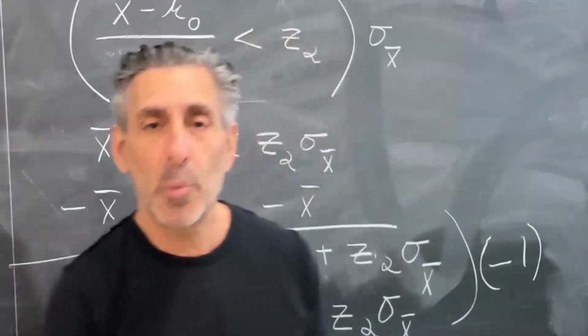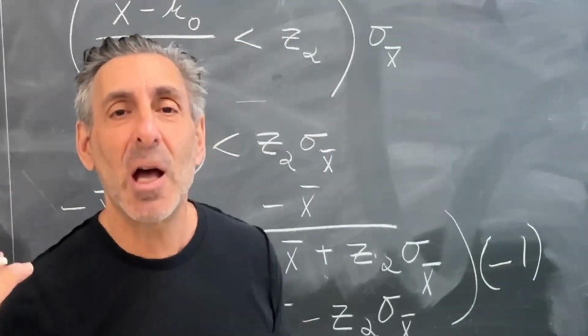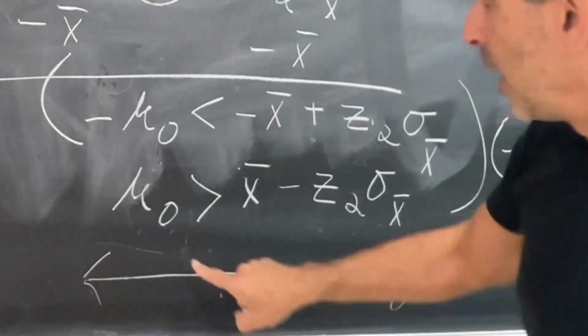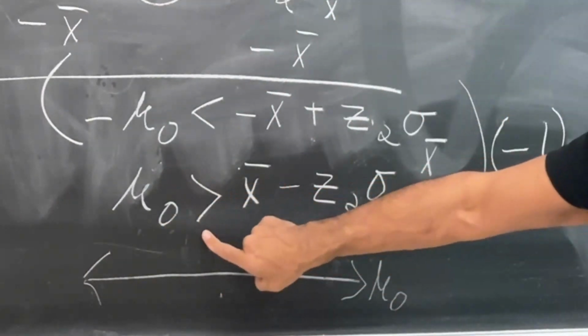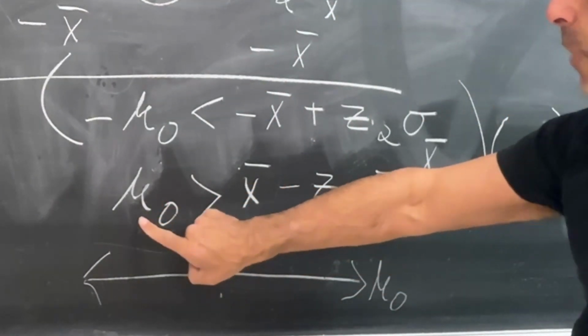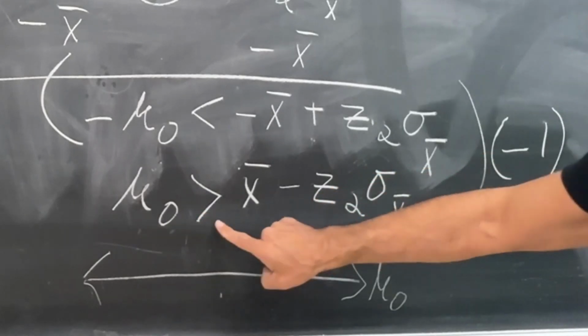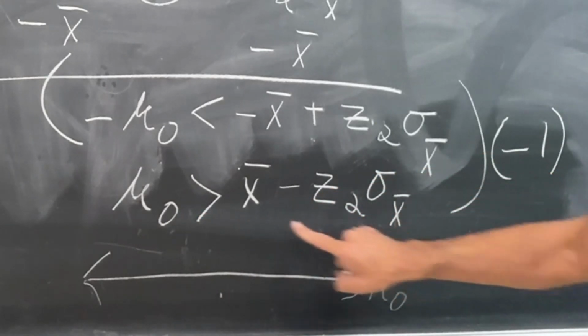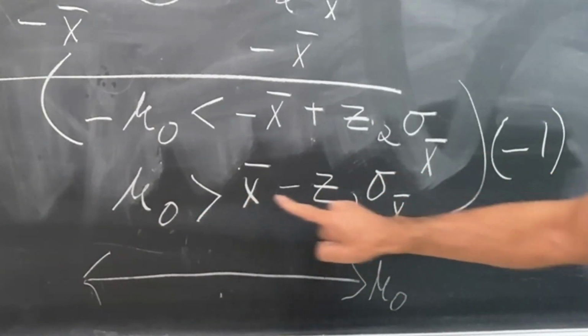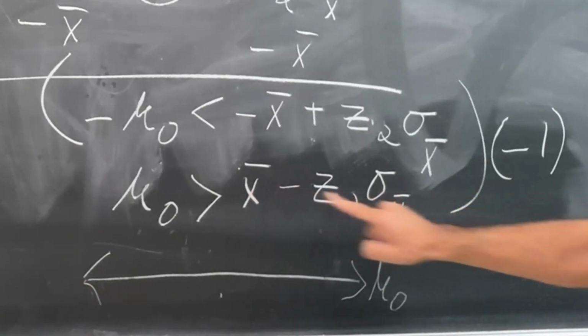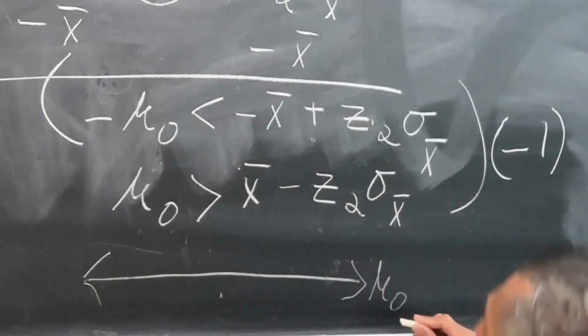So this is the number line for the hypothesized mean. Now you see, this is the greater than symbol. This means the hypothesized mean is greater than this value over here. And this value over here is called a lower bound.